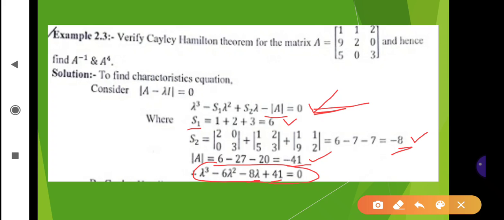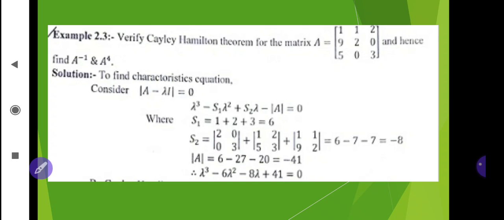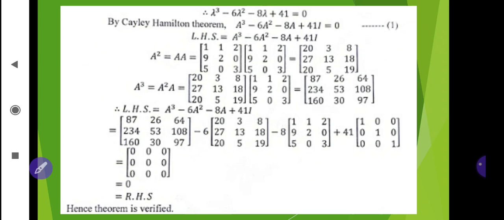Now according to the Cayley-Hamilton theorem, the matrix A satisfies its characteristic equation. That means we can replace lambda by A. So after replacing lambda by A, by Cayley-Hamilton theorem, we will get A cube minus 6A square minus 8A plus 41 I is equal to 0.